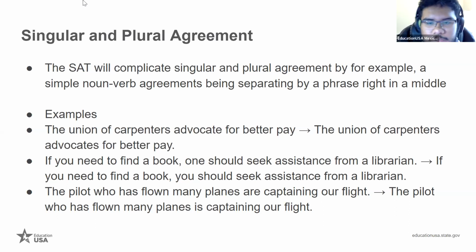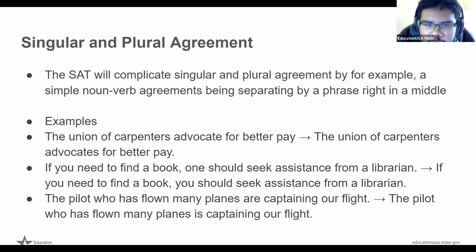Yeah. So the reason why the second example, the Union of Carpenters advocates for better pay, is correct is because the main subject to be focusing on here is the union. The "of carpenters" is simply a modifier for the union. It's a prepositional phrase that's modifying the union.